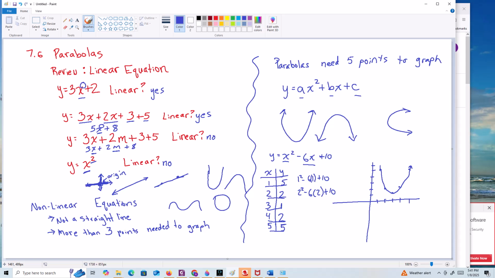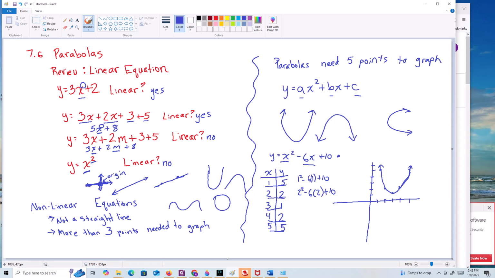And obviously, given how shaky my hand is, this is not very good, and my lines aren't perfectly straight, but I end up with a parabola, which we could have known just looking at the form of the original equation. x squared minus 6x plus 10 would graph as a parabola because it looks like this format, ax squared plus bx plus c.